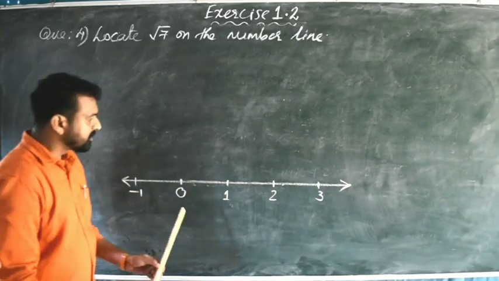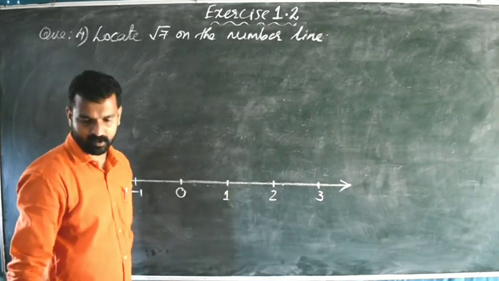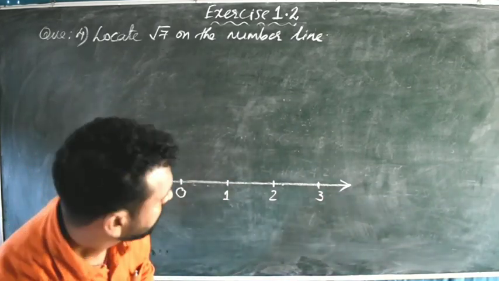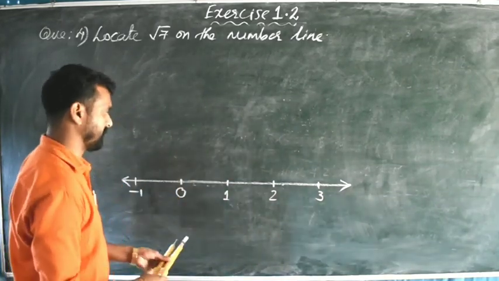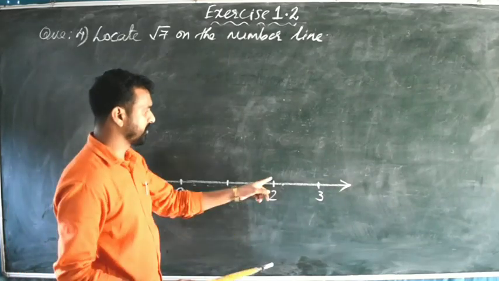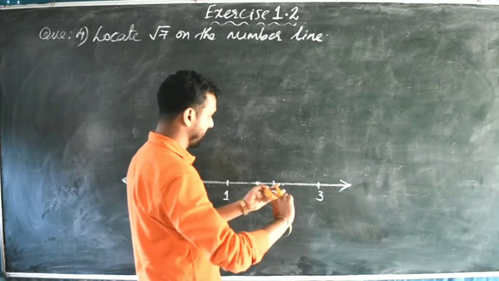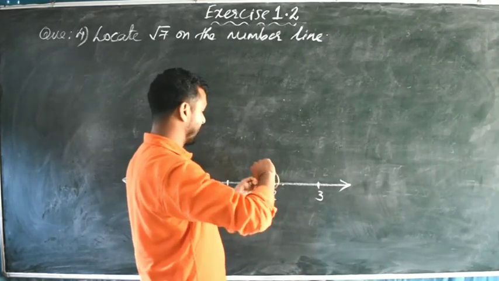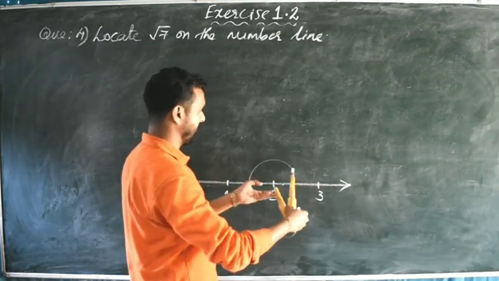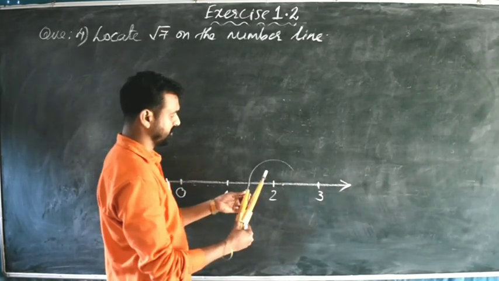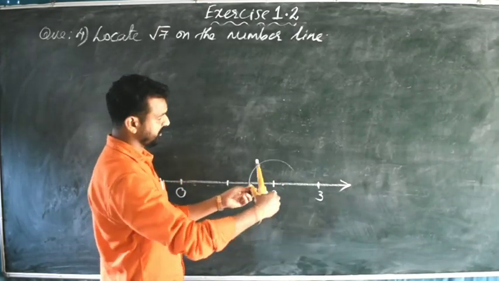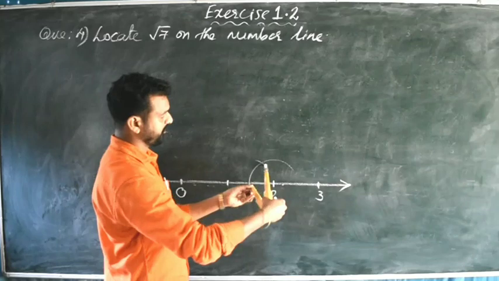Now, same as how we represented root 5, we will represent root 5 here first. For that we have to draw a perpendicular through the point 2. So with 2 as center, we draw an arc here, then without changing the radius, with this point as center, cut that arc. Now we got a point here.